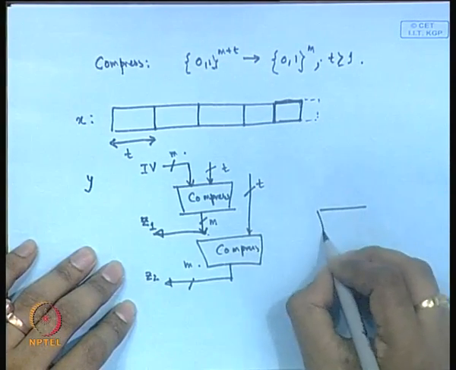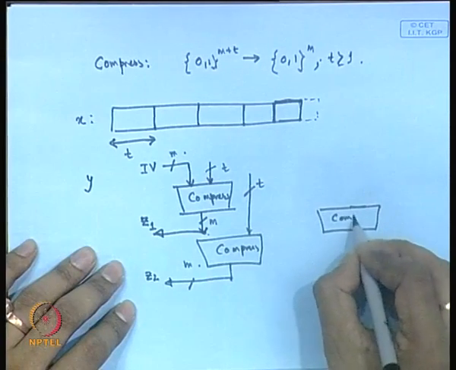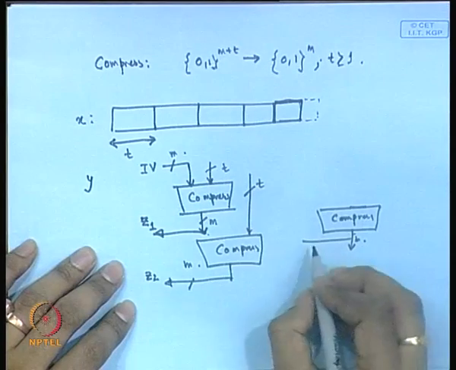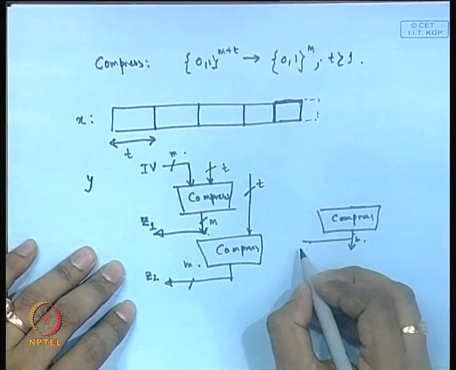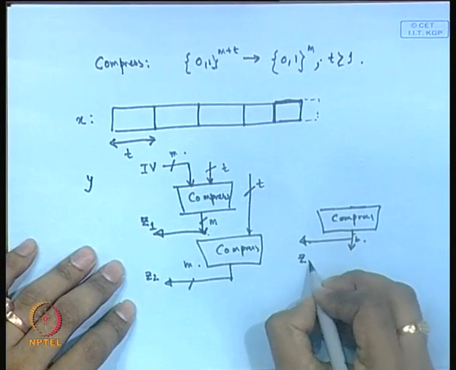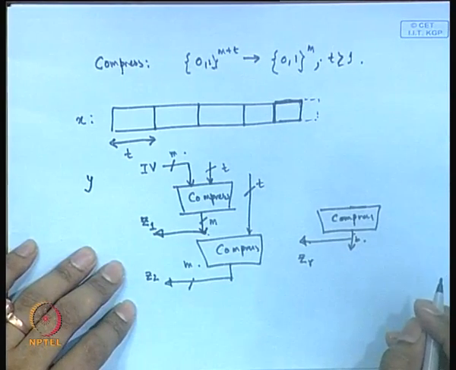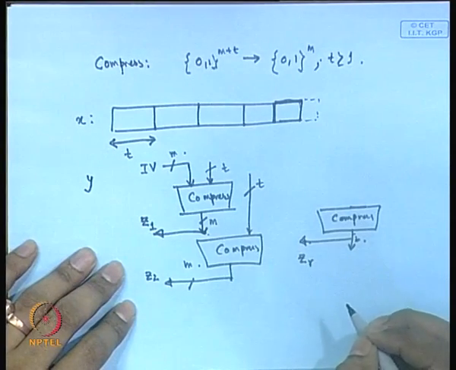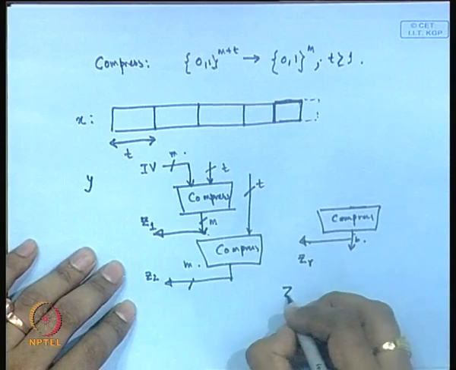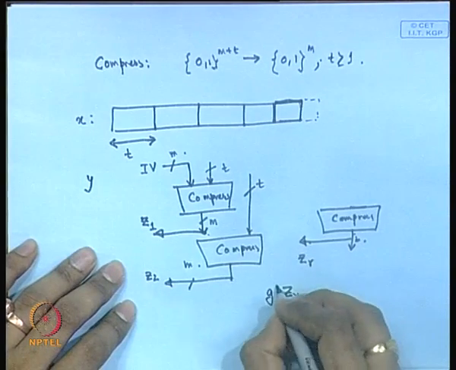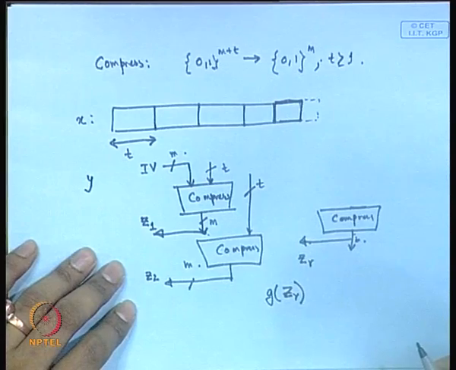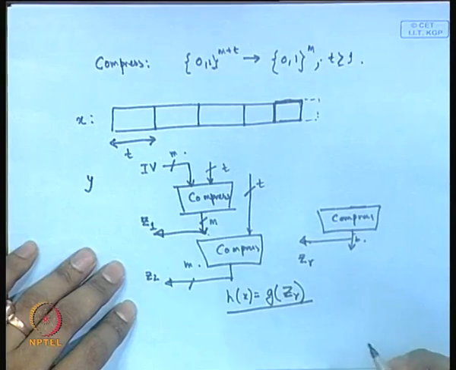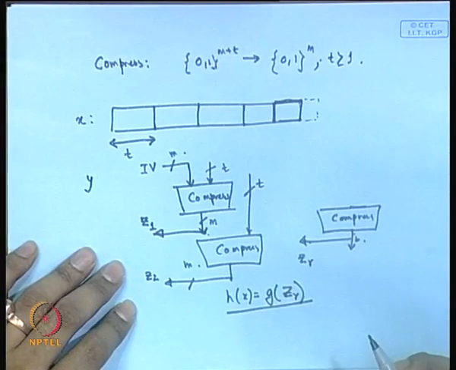The final compress step also results in an m bit output, which I write as zr, because there are r blocks of y. This zr is sometimes called the hash function output, or zr is often given an optional transformation, for example g of zr, and that is called h of x. g is optional, which means you can either make it an identity function or have a g transformation.